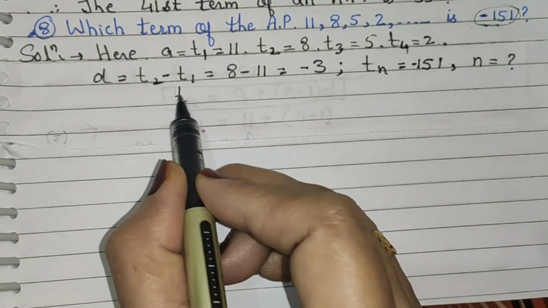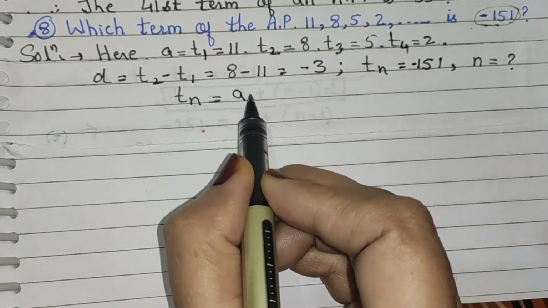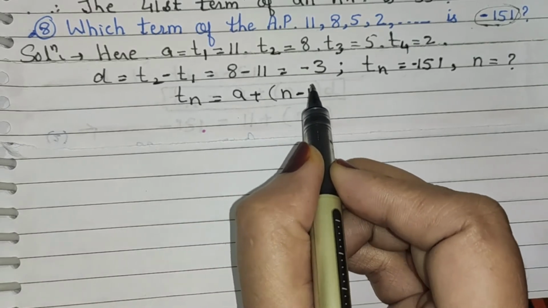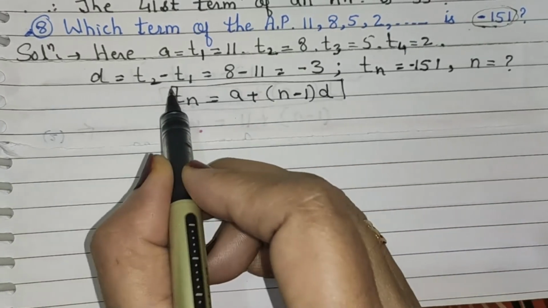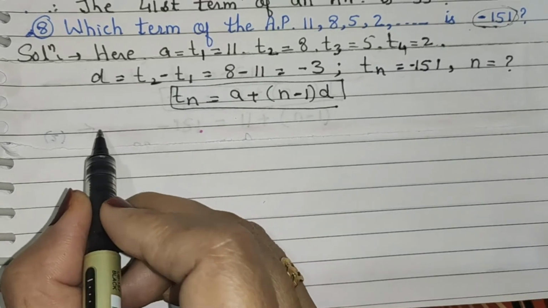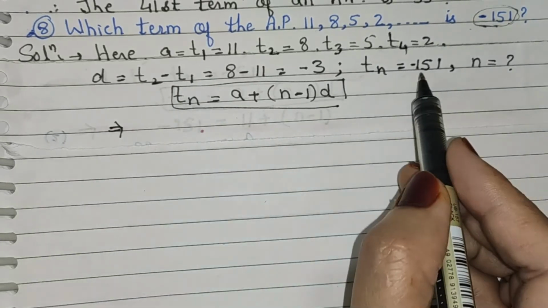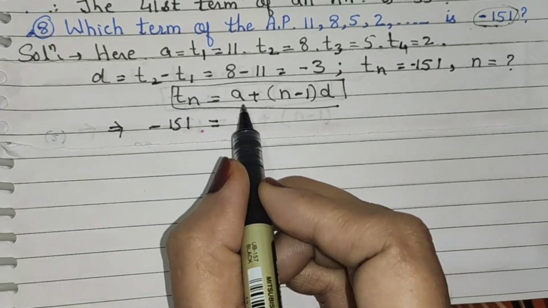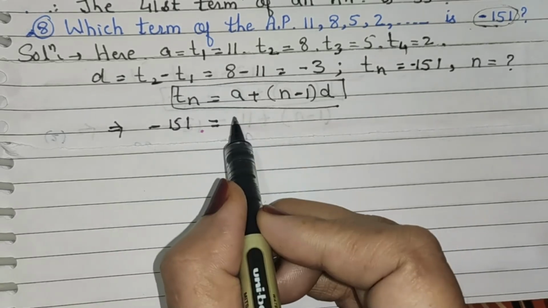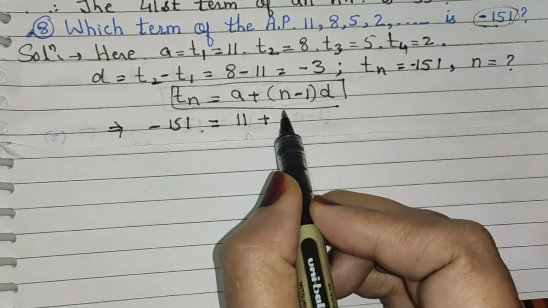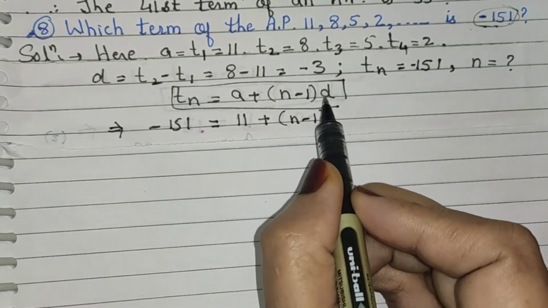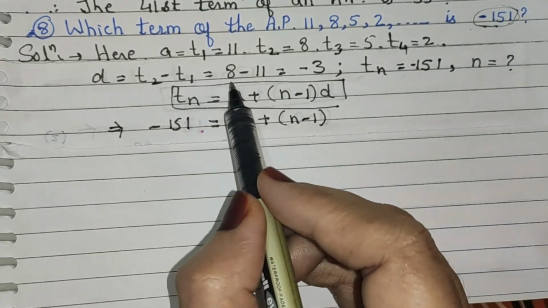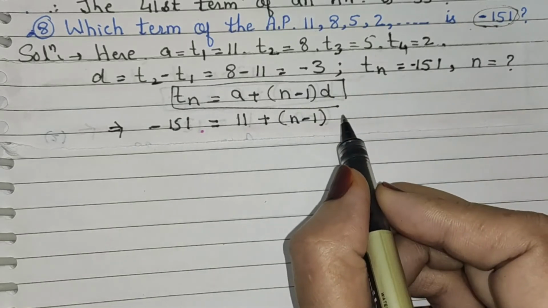Now by using the formula, Tn is equal to A plus n minus 1 into D. Now substituting all the values here, we get the value of Tn, minus 151, is equal to A, A means 11, plus n minus 1 into D. The value of D is equal to minus 3.